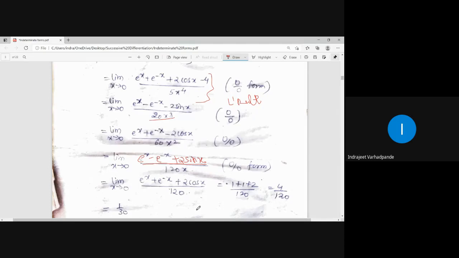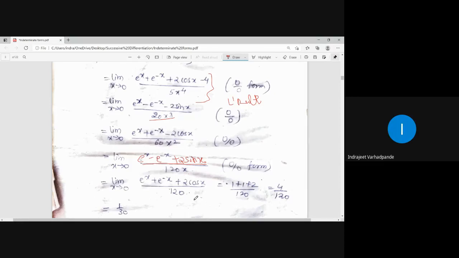Right? So are you getting the steps and what is the final answer? Final answer is 4 upon 120. And that is reduced to 1 upon 30.